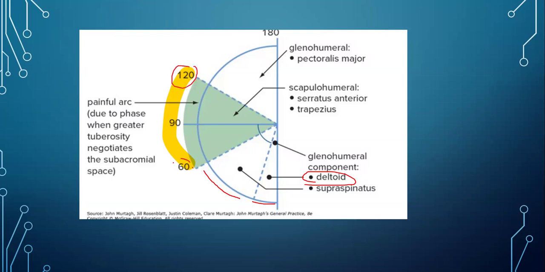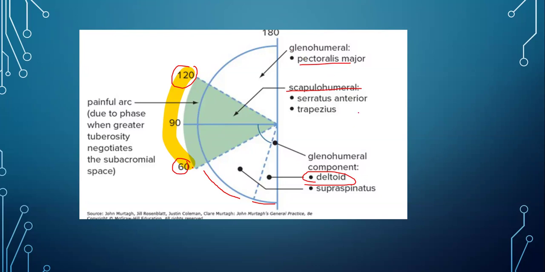From 60 to 120, that's your scapulohumeral component, so done by serratus anterior and trapezius. And above 120 is done by the pectoralis major muscle.